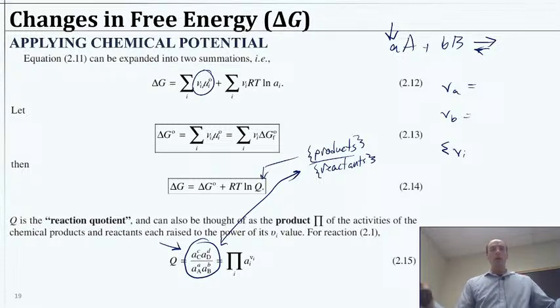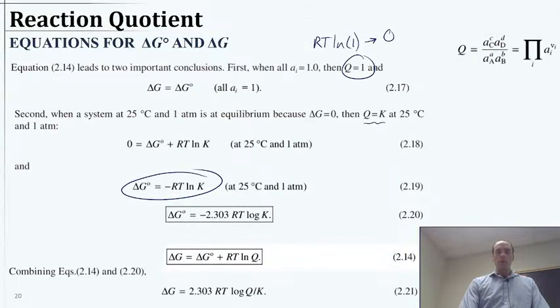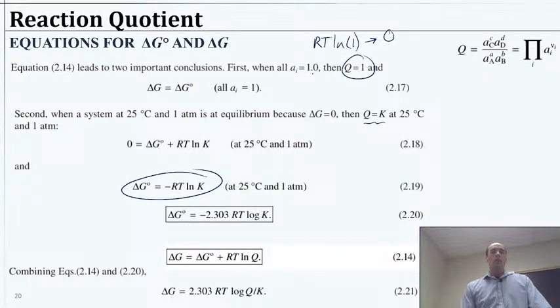Okay, so that all collapses or condenses into this Q, which is our quotient, and that was how we can say, well, if we're at equilibrium, then what we're saying is that delta G is 0, and we can simplify some things, and that Q turns into K. So if we're at the standard conditions, that means we can define it all that way.